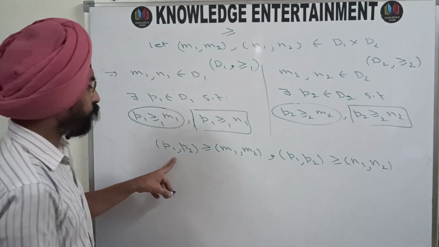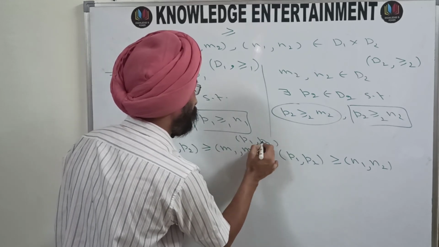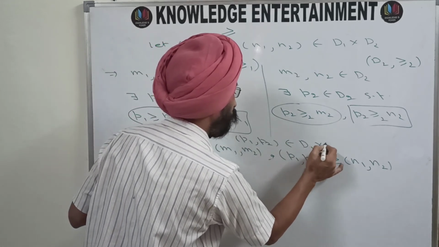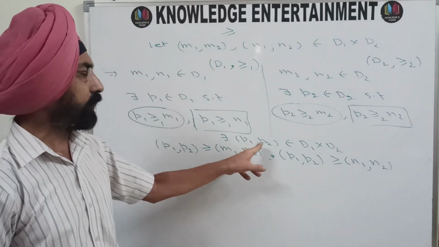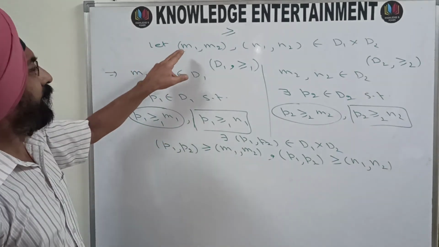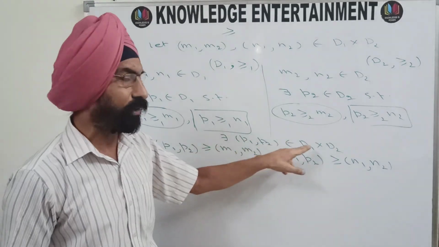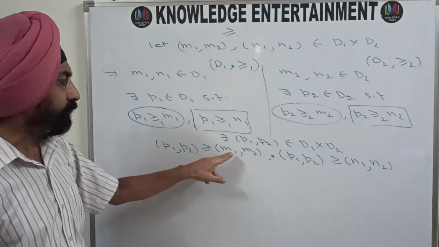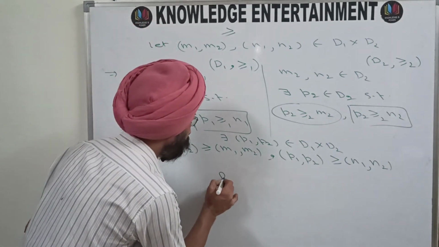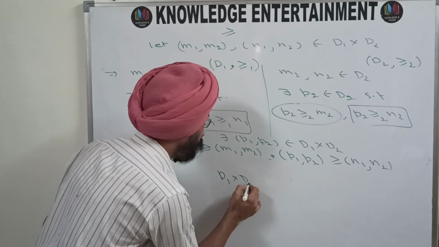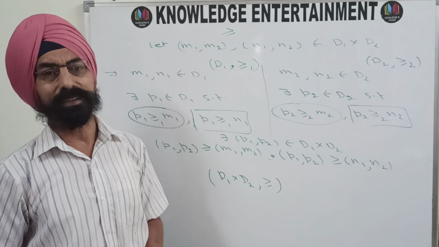And this (P1, P2) is an element of D1 cross D2 because P1 is coming from D1 and P2 is coming from D2. So if you have (M1, M2) and (N1, N2) from D1 cross D2, then there exists (P1, P2) in D1 cross D2 such that (P1, P2) follows (M1, M2) and (P1, P2) also follows (N1, N2), and that makes D1 cross D2 together with this binary operation greater than or equal to a directed set.